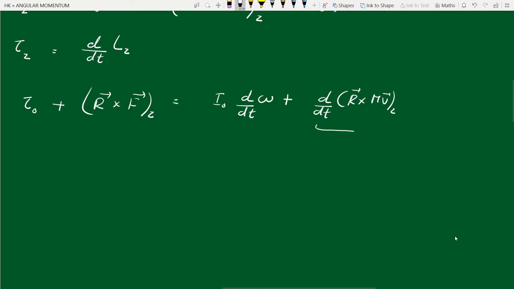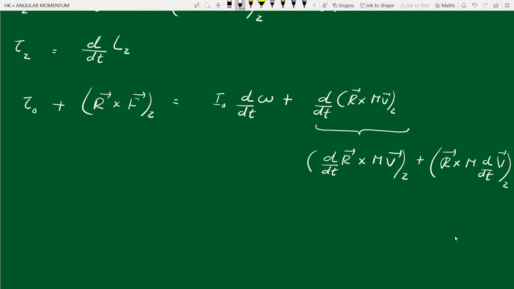Here we have to apply the product rule. So the first term is d by dt of R cross mv, plus R cross m d by dt of v. These are all z components.